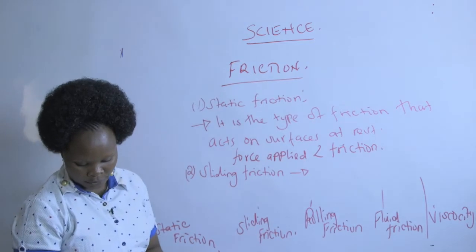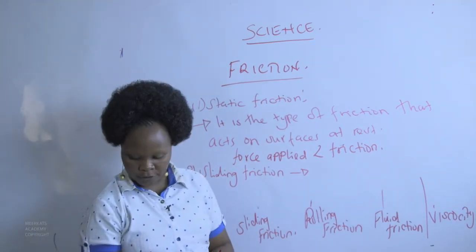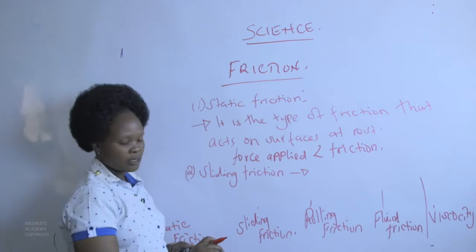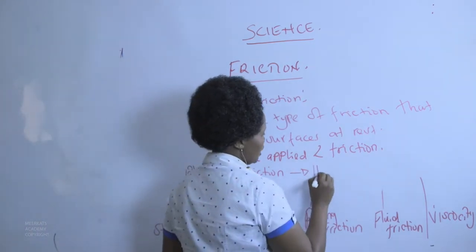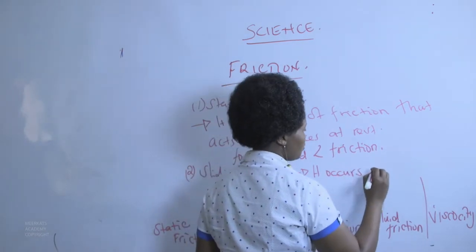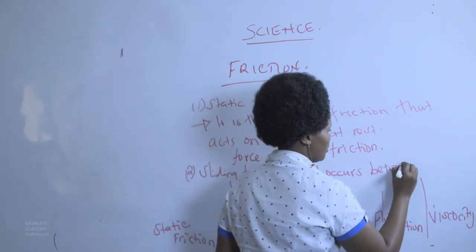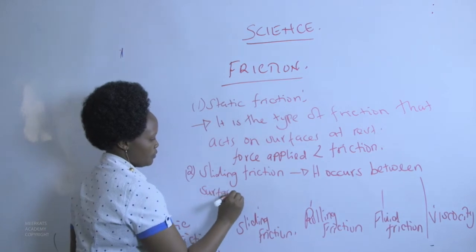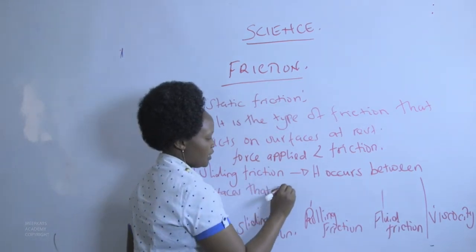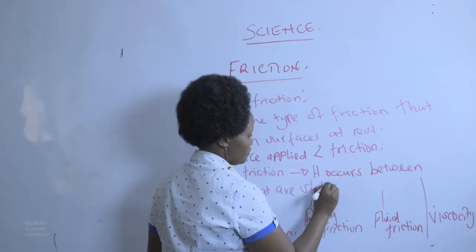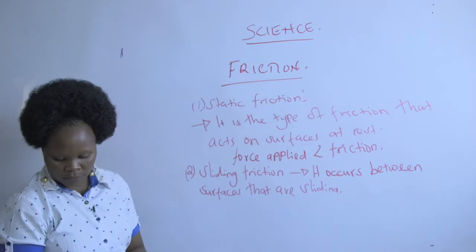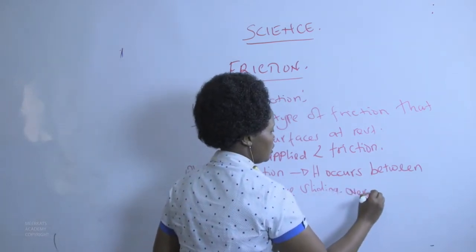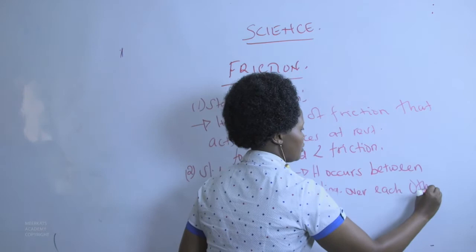Sliding friction is the type of friction that occurs between surfaces that are sliding over each other.